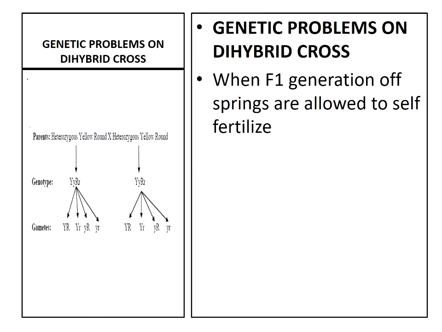Next is the selfing of the F1 generation. That is, when F1 generation offspring are allowed to self-fertilize. So let us write the parents: heterozygous yellow round and heterozygous yellow round. This is the F1 generation, and now we have to self-fertilize the F1 generation.